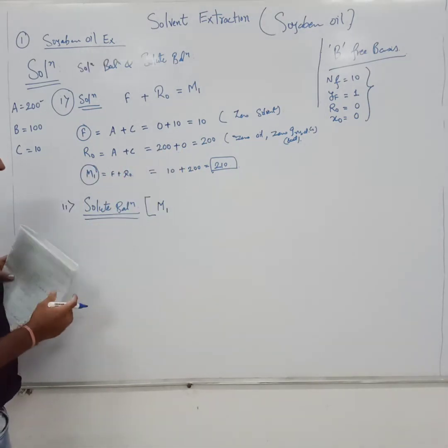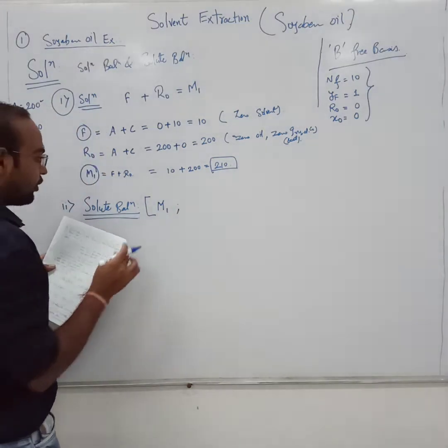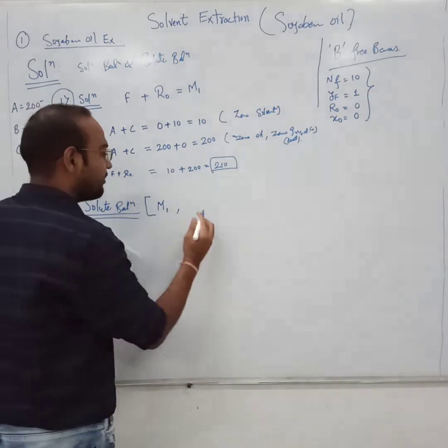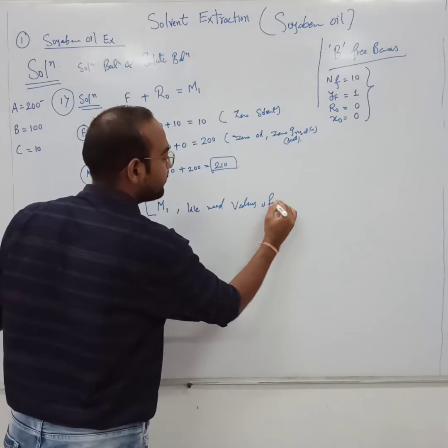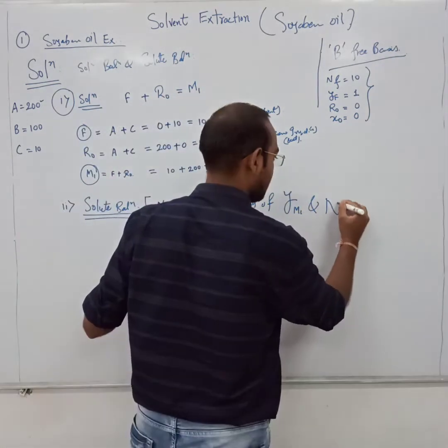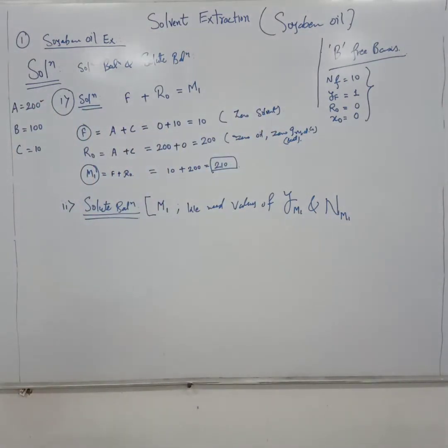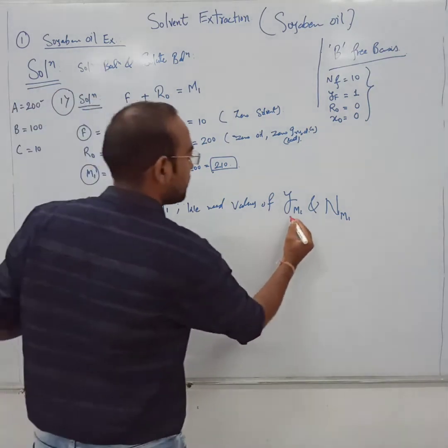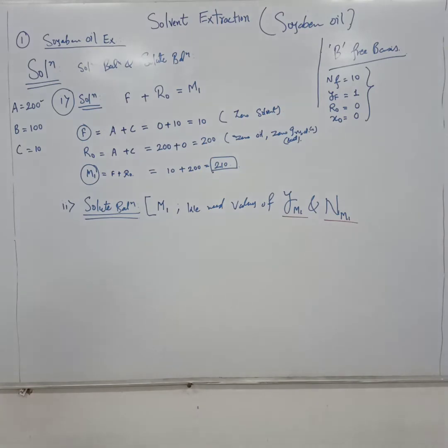I will discuss later what M1 is and how you can find it. For plotting M1, we need the values of YM1 and NM1. We need these two values to plot M1 on the graph. Okay.